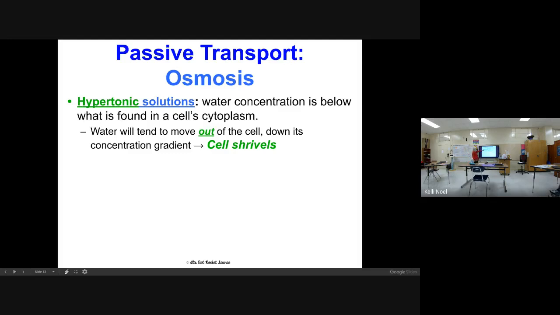So a hypertonic solution means that it has a lot of solute, so the water concentration is less than what would normally be found in cytoplasm. As a result, water is going to move out of the cell, and the cell is going to kind of shrivel.